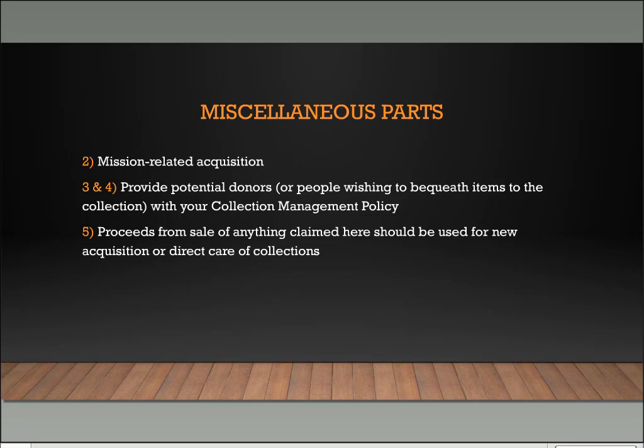You could consider it for acquisition like everything else. If you consider it for acquisition and then choose to decline to acquire it, you can sell that item and use the proceeds either for acquisition or direct care. And if you're interested in learning more about direct care, I've included AAM's direct care white paper from 2016 in the files on the right margin.